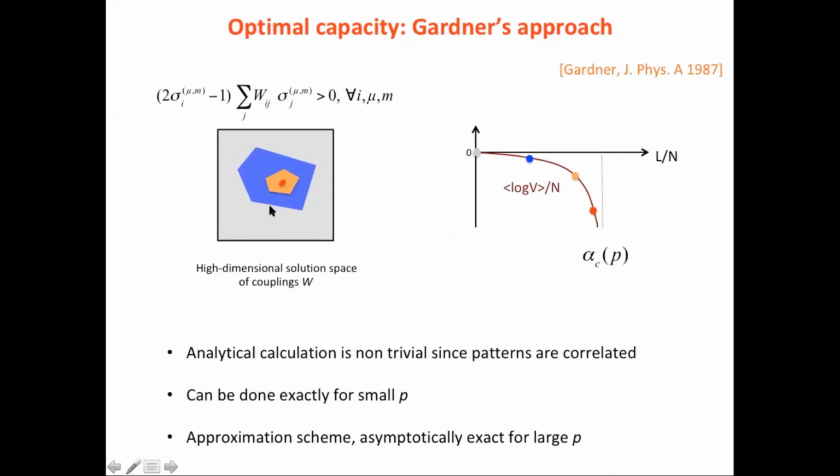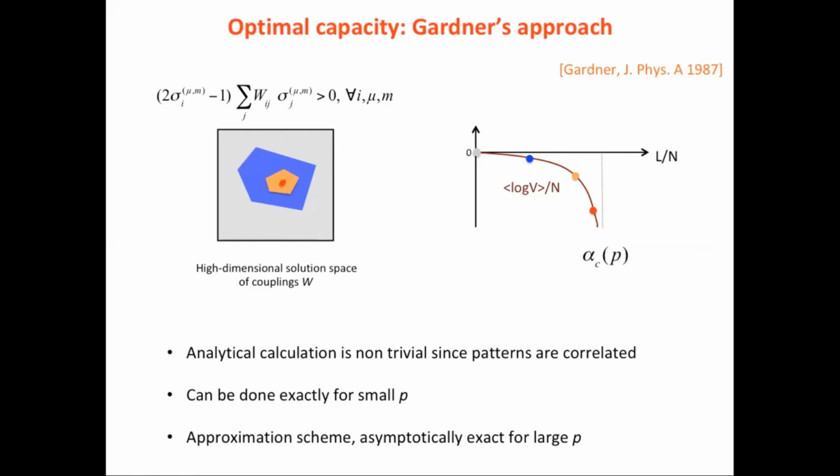If you think of this square as the set of all possible matrices W, that corresponds to a subset, this blue subset here, which is large. As you increase the number of manifolds, you have more and more inequalities, and the subset shrinks. That corresponds to the orange one. And if you are very close to the maximal number of manifolds you can embed, you will be in the red situation, where the whole set shrinks to a single point.